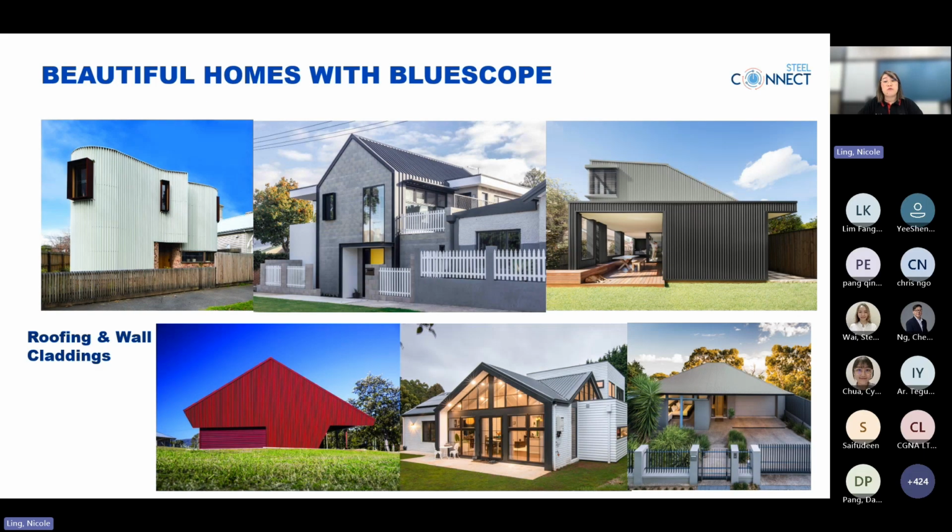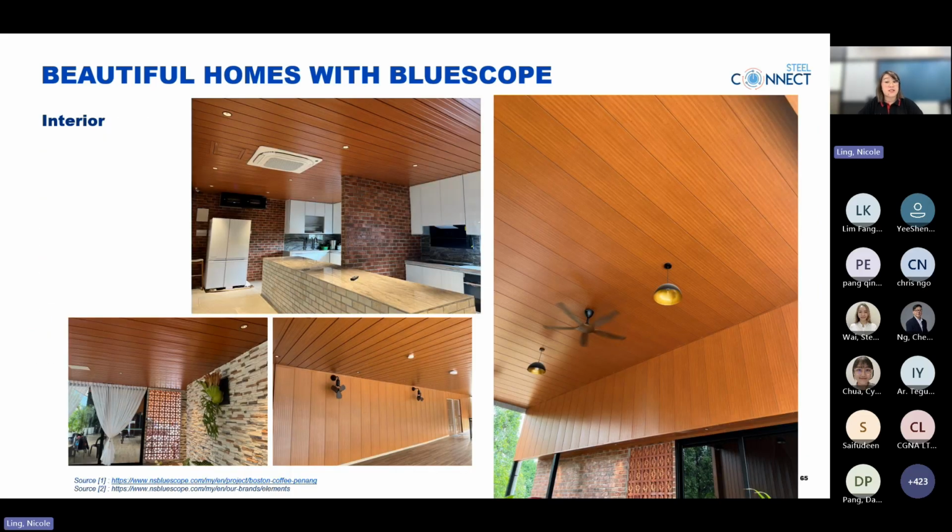Here are more beautiful homes that use premium steel on roof and wall, showing how steel can be expressive, elegant, and truly residential. Steel doesn't stop at the exterior, it also works for the interior. Element Steel, one of the decorative products from NS BlueScope Malaysia, brings warm wood grain finishes to interior walls, ceilings, and even steel doors, the beauty of timber with the durability of steel.